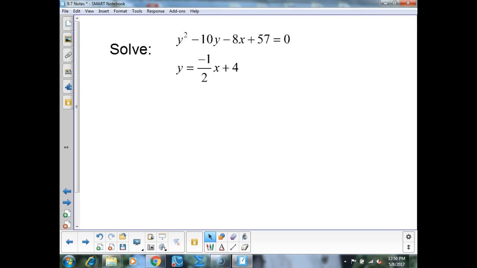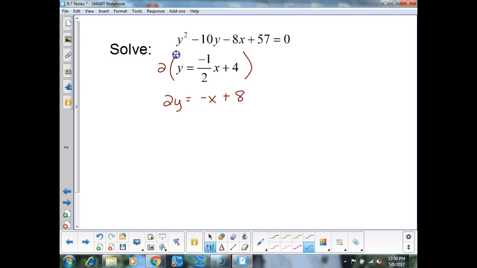So let's multiply the bottom equation by 2, right? We're going to multiply this whole equation by 2. That gives me 2y equals negative x plus 8. Well, that's so much nicer. Now what? I can probably actually solve it.